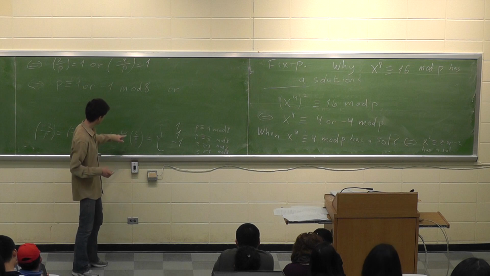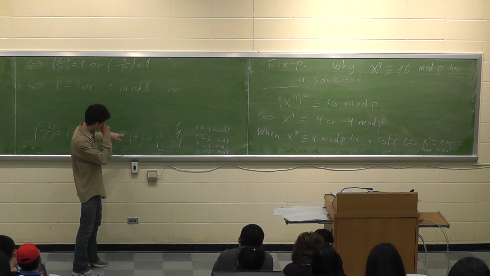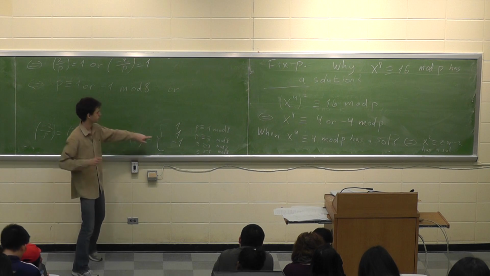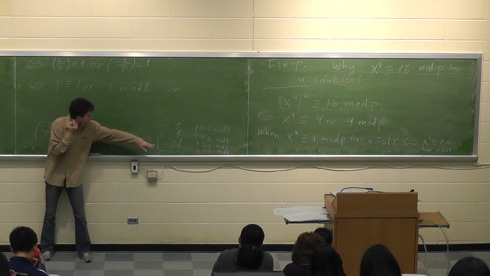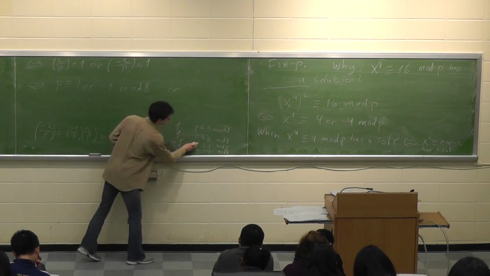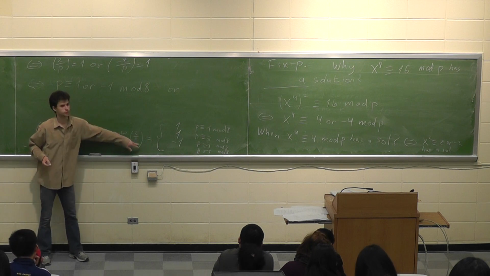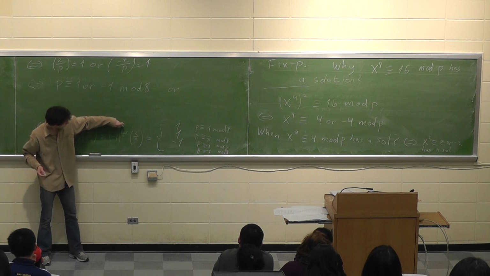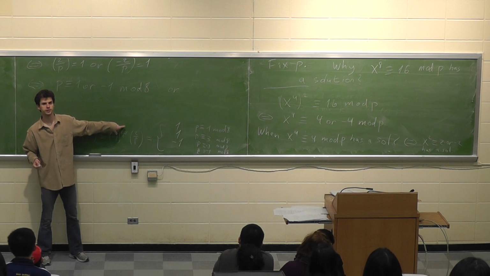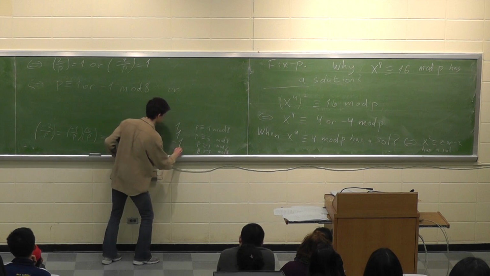So minus 2 over p is minus 1. And finally, when p is congruent to minus 1 modulo 8, this is 1, but this is negative 1. So we get minus 1.